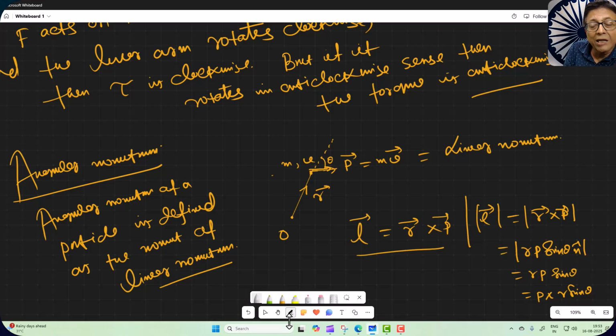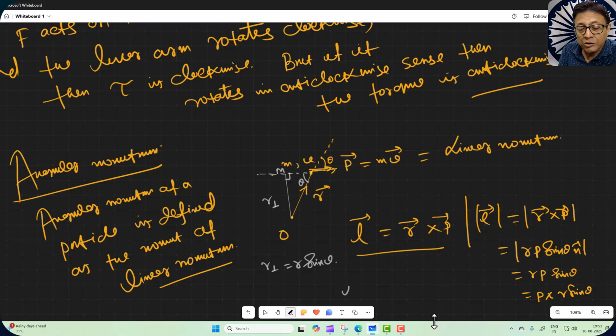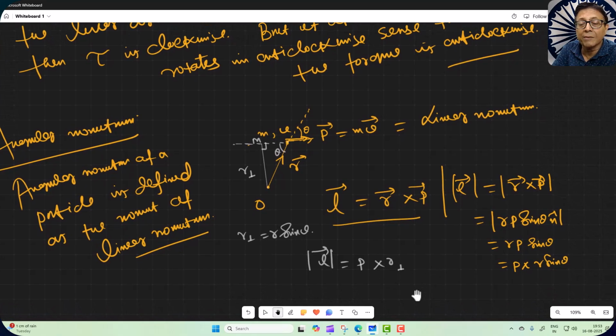Again you produce this line of action backward. OM is the perpendicular. This is R perpendicular. This is theta. So R perpendicular equals R sin theta. So L is equal to P into R perpendicular. So moment of linear momentum is momentum multiplied by R perpendicular.